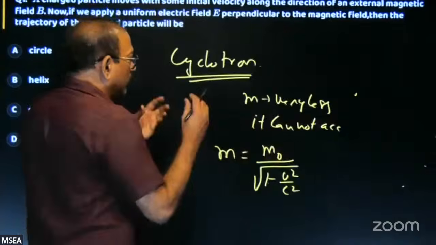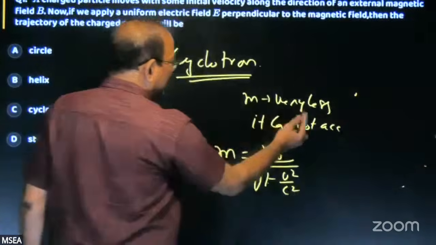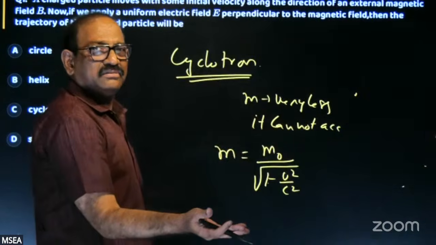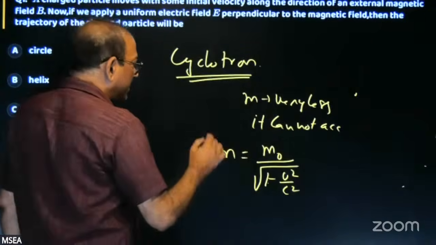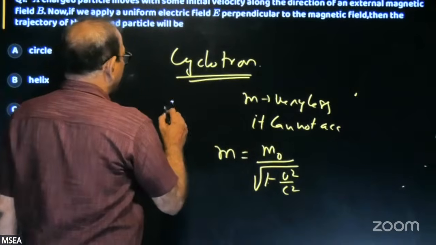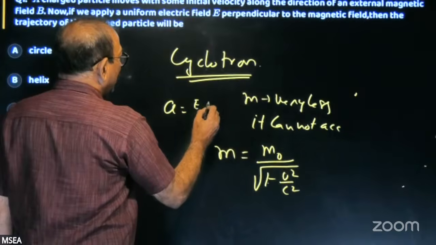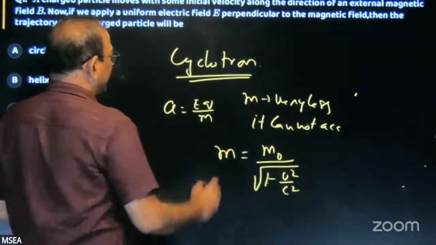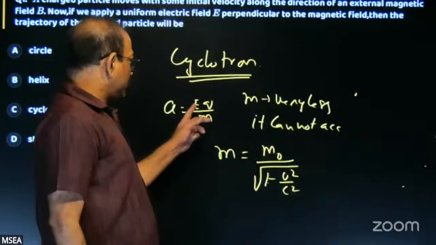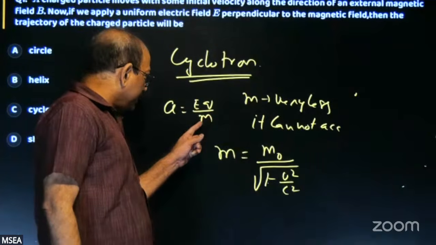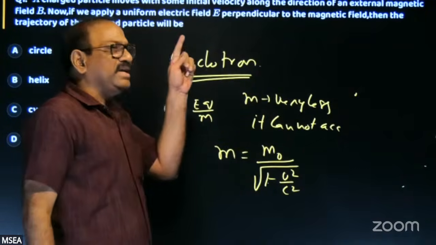Now, if you take an electron, it is a very light particle, no? As the mass of the electron is very small, when you are accelerating it in an electric field, acceleration is Eq by m, and this m is very less, so acceleration is very high.